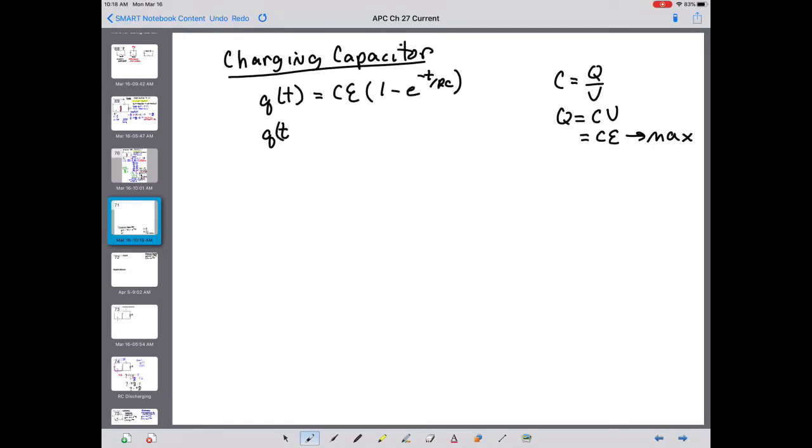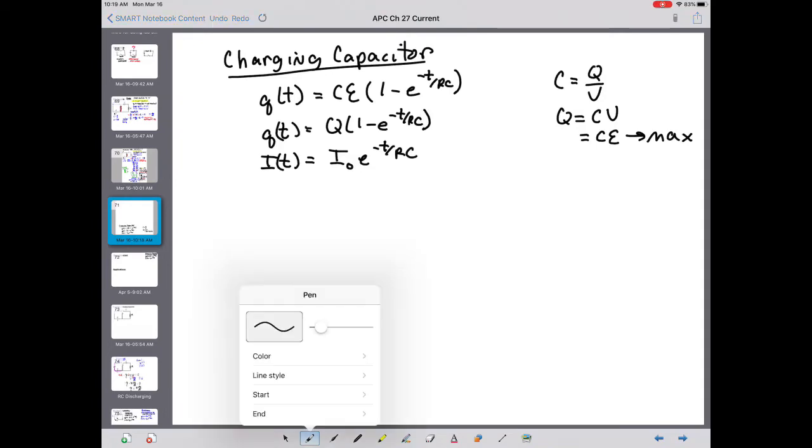If that's C EMF, then that's going to be your maximum charge. So I'm going to restate that as a capital Q, where capital Q represents maximum charge. Your I of t equation is I naught e to the negative t over RC.